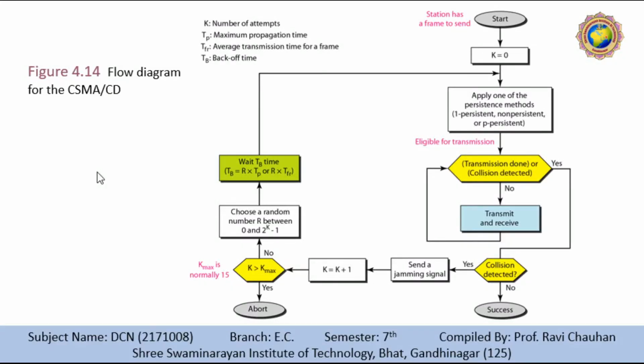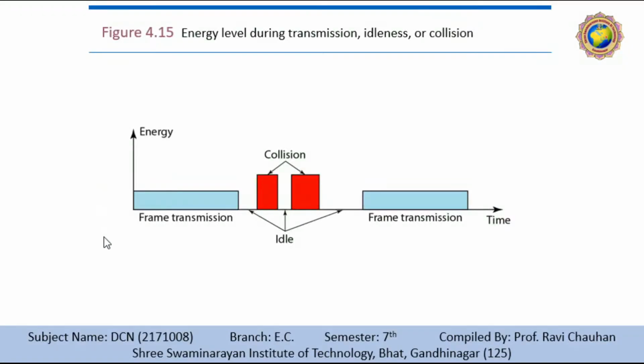So that is the flow chart of our CSMA/CD. Let's discuss the energy level for our CSMA/CD. We can say that the level of the energy in the channel can have three values: 0, normal, and abnormal. At the 0 level, the channel is idle.